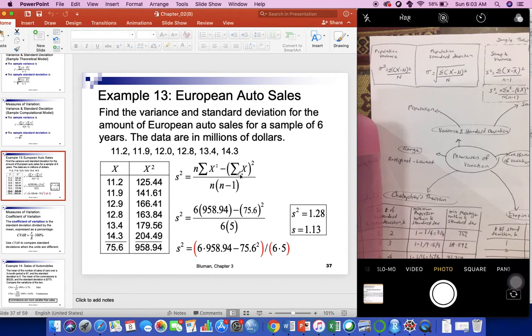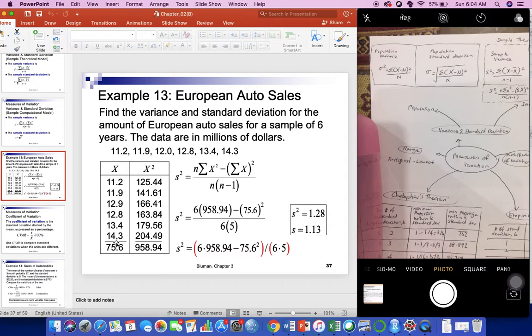How about the summation of x, squared? The power of 2 is outside the bracket, so you need to find the summation of x: 11.2 plus 11.9 plus 12.0 plus 12.8 plus 13.4 plus 14.3.